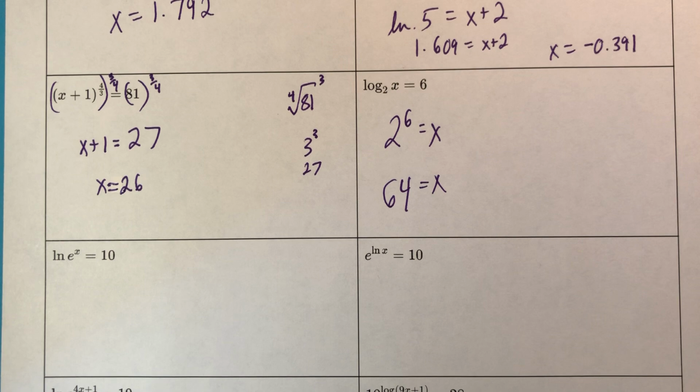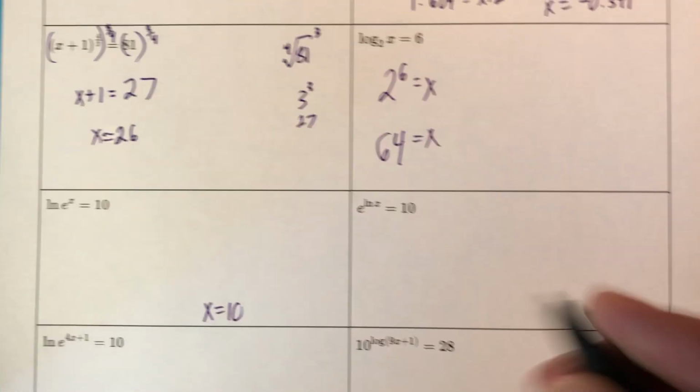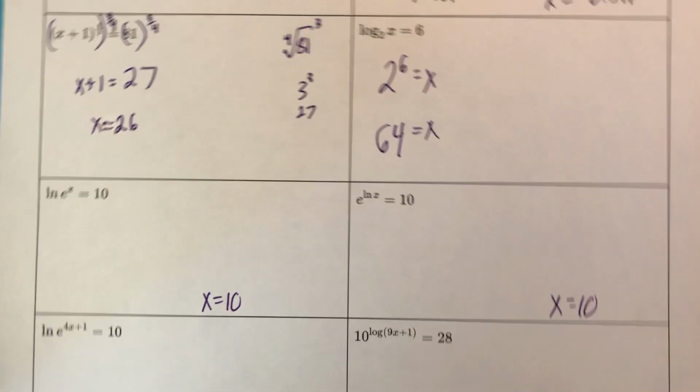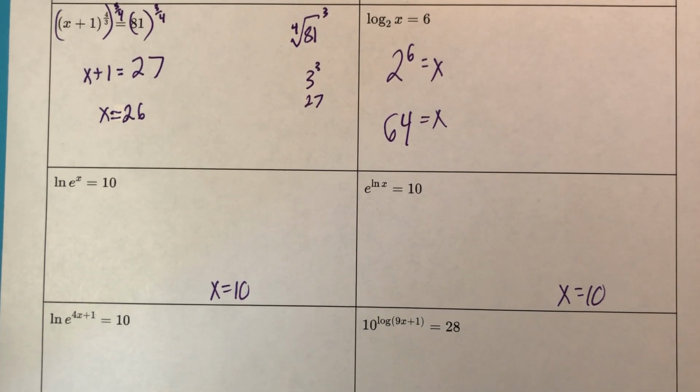Okay, let's get a little crazy here. I want to walk you through a process and just go ahead and blurt out answers from the very beginning before I walk you through it. The answer to this one is 10, and the answer to this one is 10, because e and natural log cancel each other out when they are in this configuration. All right, so here's why.